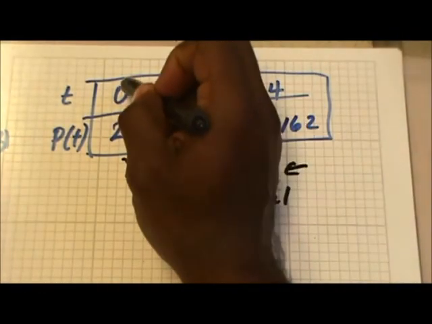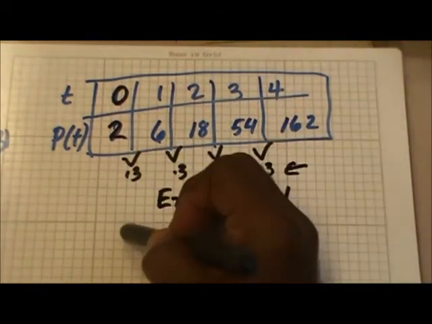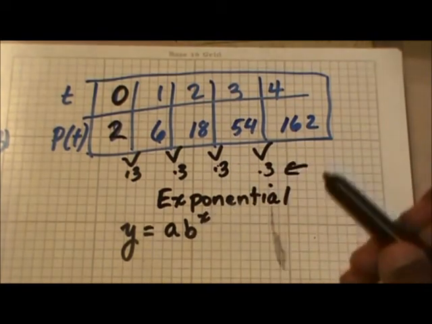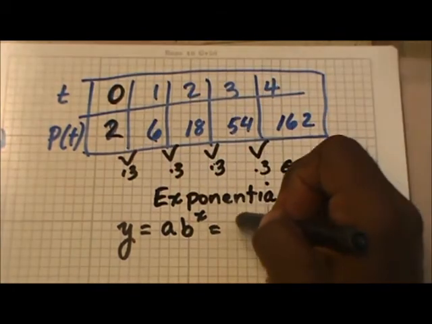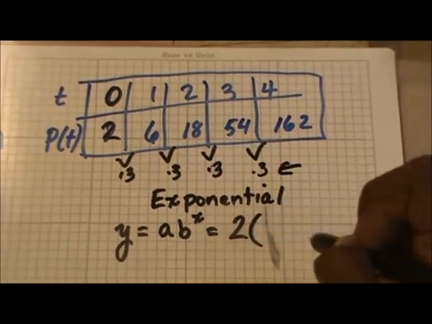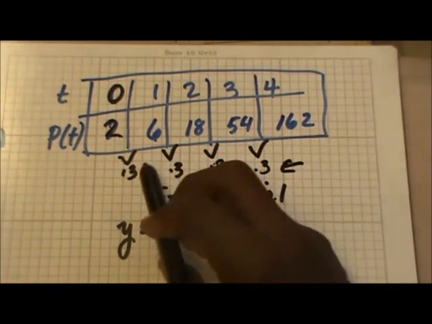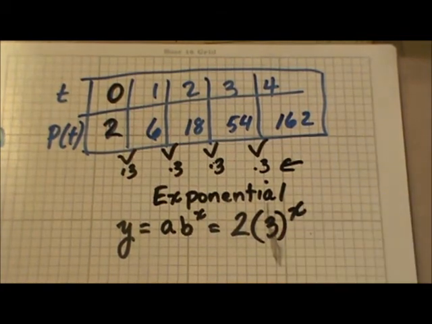Well, we don't have to work backward because we know the initial value. So let's go back to y is equal to a times b to the x. A, in this case, is 2, because 2 people heard the rumor. And every minute the number of people who knew tripled, so times 3 to the x.